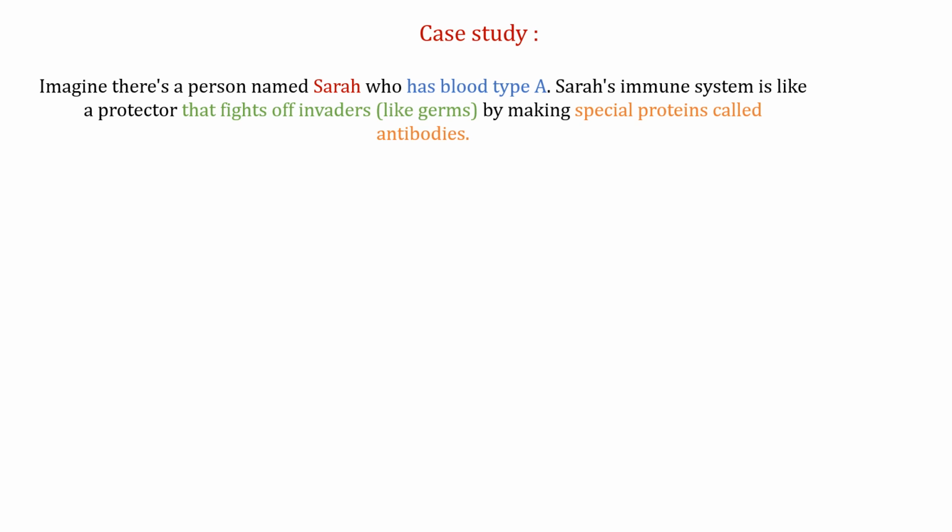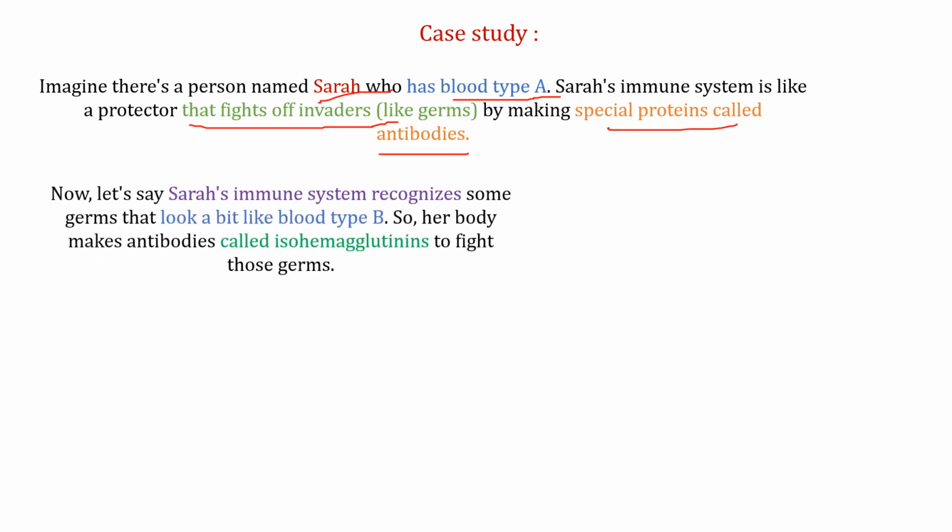Now here we take the example. Imagine there is a person named Sarah who has blood type A. Sarah's immune system is like a protector that fights off invaders like germs by making special proteins called antibodies. Let's say Sarah's immune system recognizes some germs that look a bit like blood type B. So her body makes antibodies called isohemagglutinins to fight those germs.